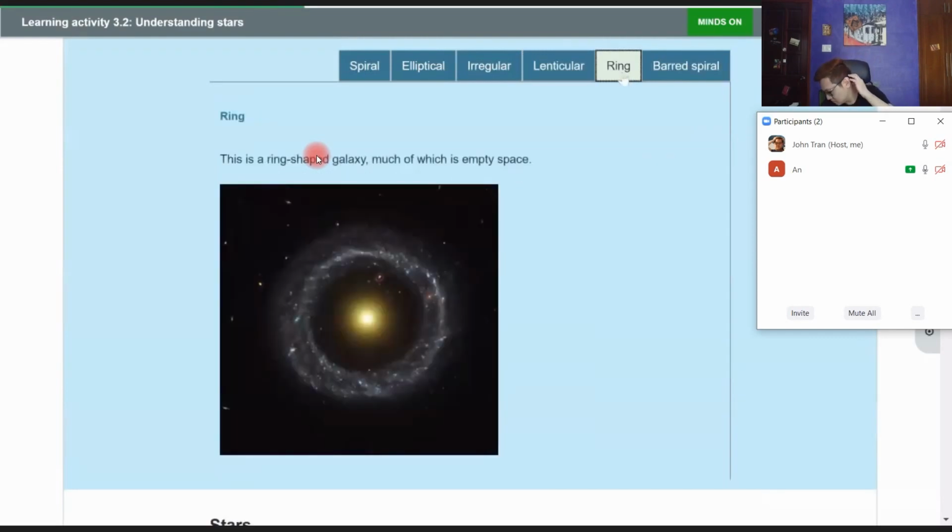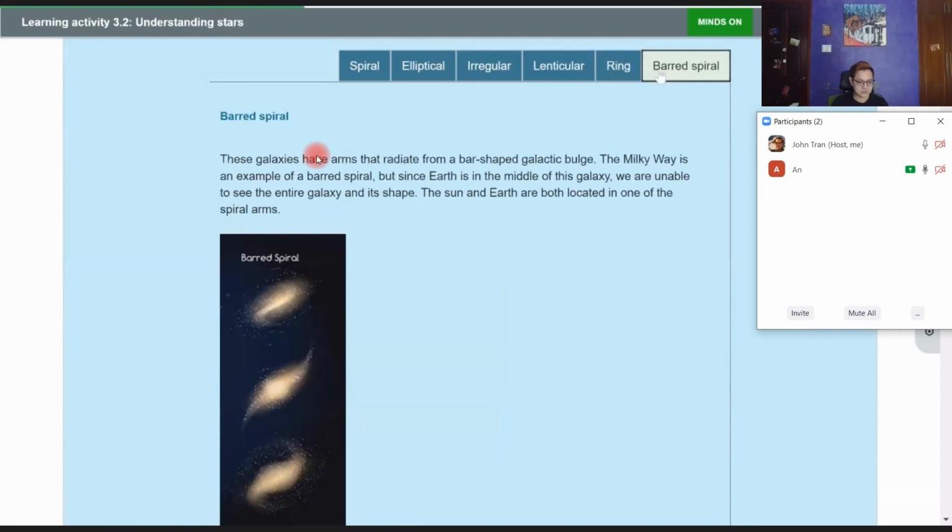Ring. This is the ring-shaped galaxy, much of which is empty space. Barred spiral. These galaxies have arms that radiate from a bar-shaped galactic bulge. The Milky Way is an example of a barred spiral.